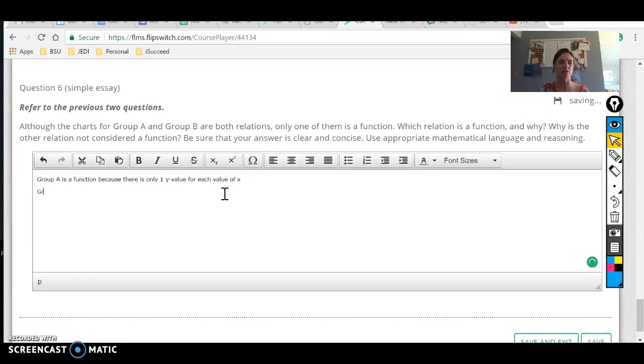Okay, group B is not a function because for the domain value of 101, there are two range values, and it would not pass the vertical line test. Okay, so that is why that is not a function.